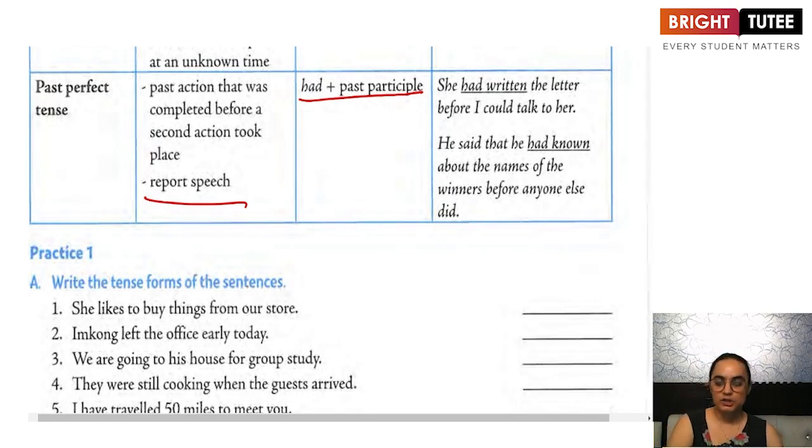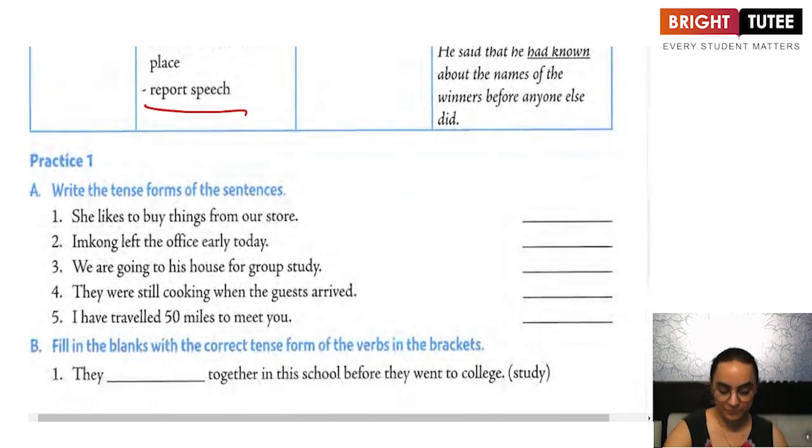I said to my brother that I had been to that place earlier. So these were the simple present, present continuous, present perfect, simple past, past continuous, and the past perfect tense. Okay? Let us look at the exercises based on the same.